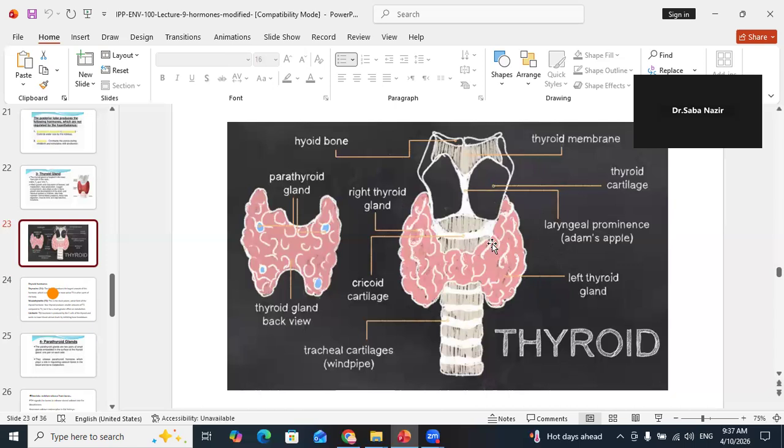This is the thyroid gland. And within the thyroid gland, can you see these four dotted structures embedded in it? These are basically the parathyroid glands. So the purpose of this diagram is to make you identify the shape and location of the thyroid gland and where the parathyroid gland is located and what its function is.